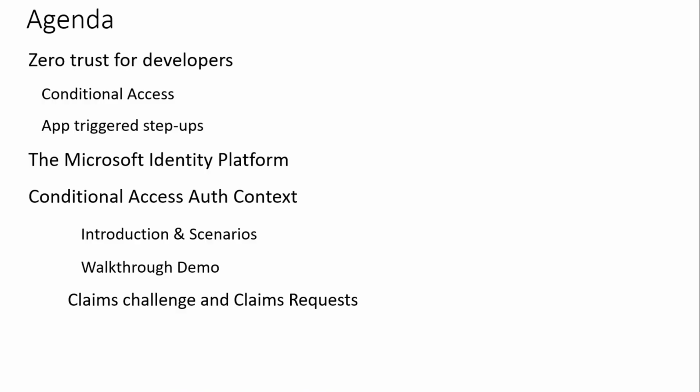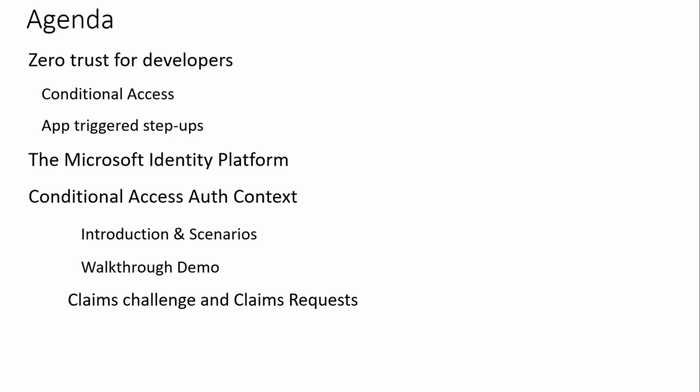Caleb? All right, so for the agenda today, I'm going to start off talking a little bit about zero trust and how it relates to developers with conditional access policy, and then go through some of these concepts around app triggering step-up authentication. This is just background about what's motivating the feature and how it fits into the bigger picture around zero trust.